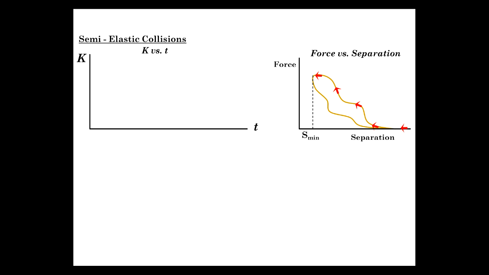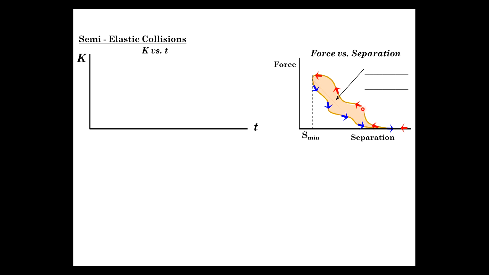And then on the outbound, when they separate, it follows a different curve. But unlike the completely inelastic collision, the force does not immediately go to zero. So you'll notice it doesn't immediately drop to zero, but it's at a lower level than the inbound path. Okay, the force was greater pushing against each other than on the outbound.